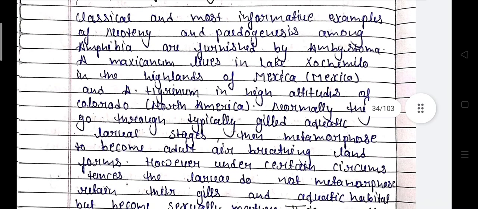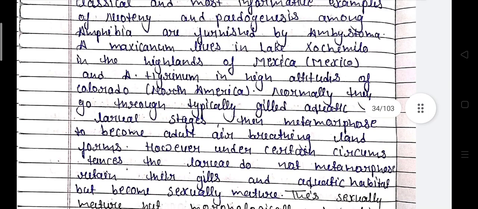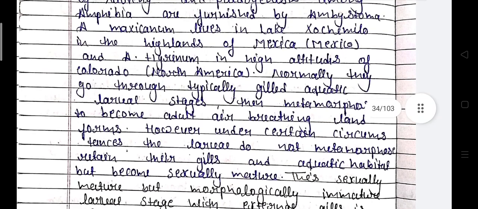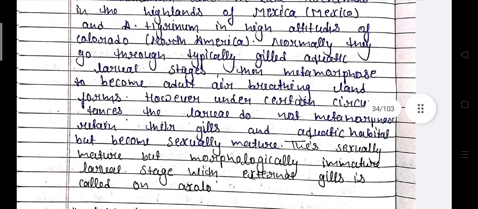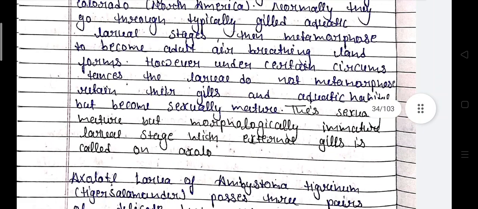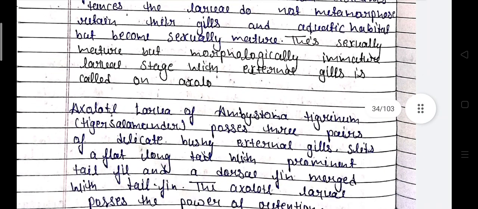Normally they go through a gill-bearing aquatic larval stage, then metamorphosis, and become air-breathing land adults. However, under certain circumstances the larvae do not metamorphose, retain their gills and aquatic habitat, but become sexually mature. This sexually mature but metamorphically immature larval stage with external gills is called an axolotl.